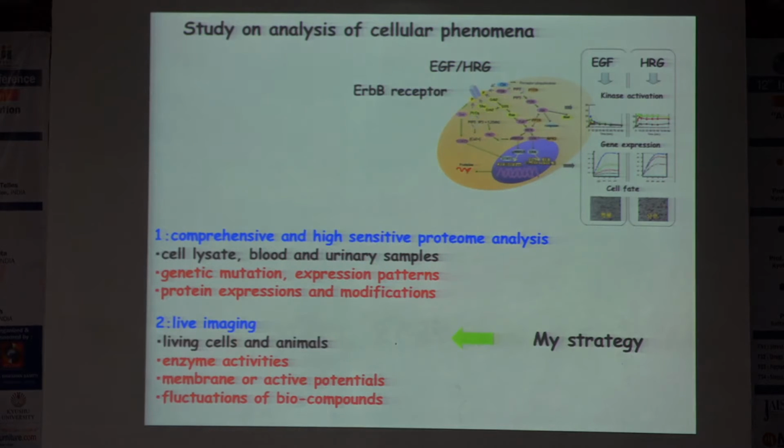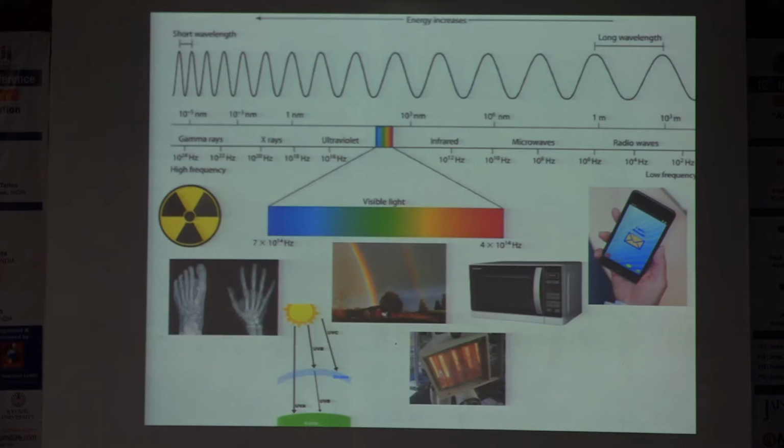As my strategy is living cell imaging, I skip common biochemical methods such as electrophoresis, mass spectroscopy, etc. I only monitor fluorescent profiles emitted by sensor molecules introduced into alive cells.